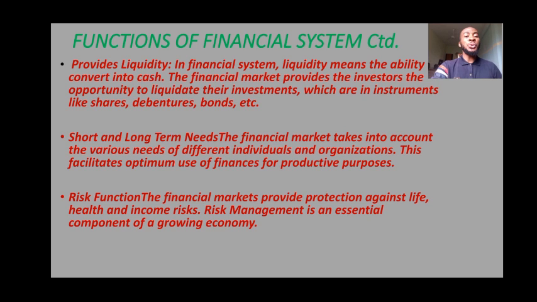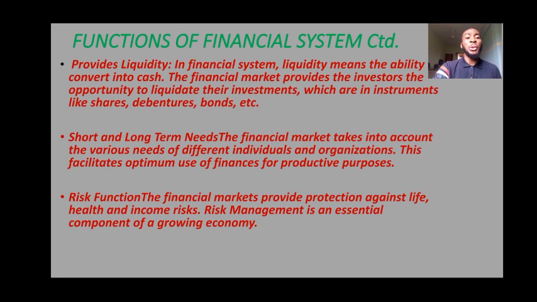Now, the person will issue it to the financial market to be able to get money. This is a certificate of indebtedness that he has the right to pay so and so amount of money at so and so time period in future. So this enables the person to get the fund required to run a particular business. So here, such a debenture can be converted into cash.